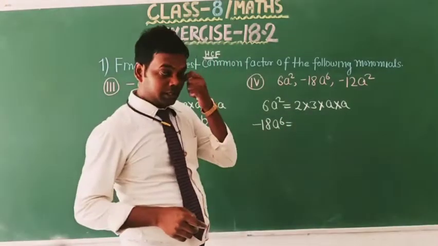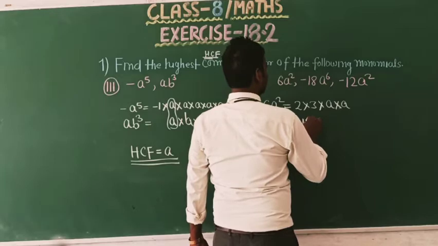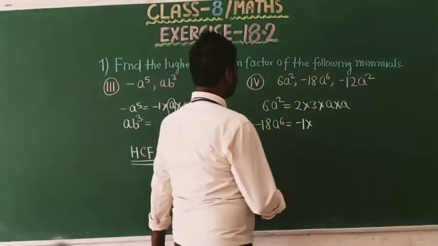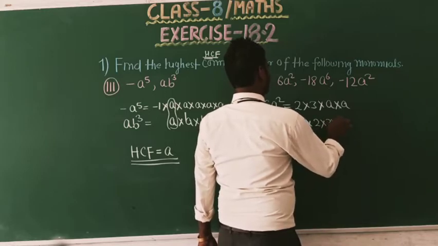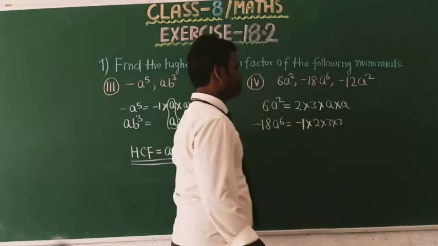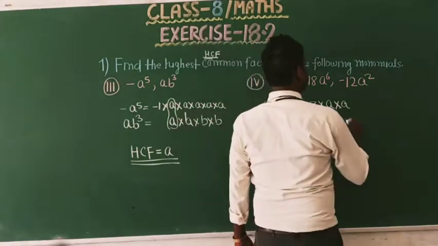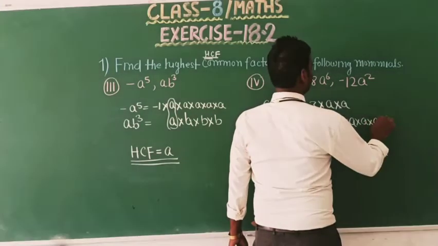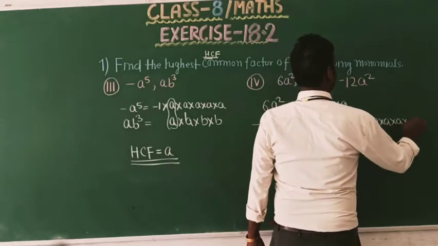Minus 18a to the power 6 can be written as the product of minus 1 into 2 into 3 into 3, since 2 times 3 is 6, times 3 is 18, and a to the power 6 is a into a, 6 times.